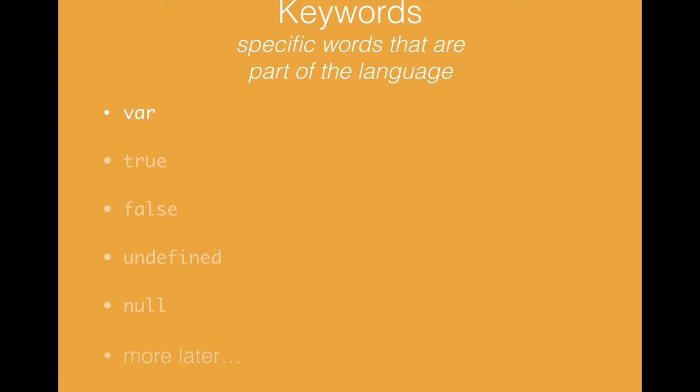So I've highlighted here for you the var keyword. That's one that we deal with this week as we talk about how to declare variables. That var keyword is used in declaring variables. But there are a number of other examples provided after that. The Boolean values of true and false, the non-value values, I know, that's weird, of undefined and null, and we'll of course talk about a lot more later. So keywords are a thing.